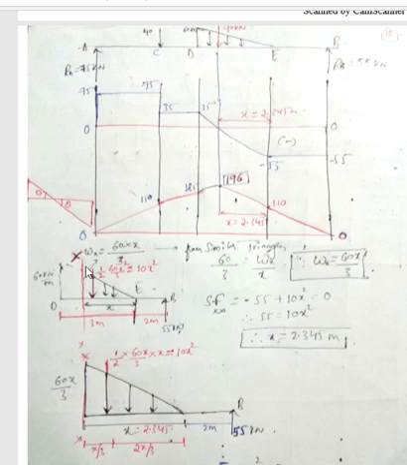Opposite for the smaller triangle I will take as Wx, which is unknown, and base as x, which is again unknown. From this I can find the load intensity at section XX for this UVL. Cross multiplying, Wx is equal to 60 into x divided by 3. That is what I have written here.